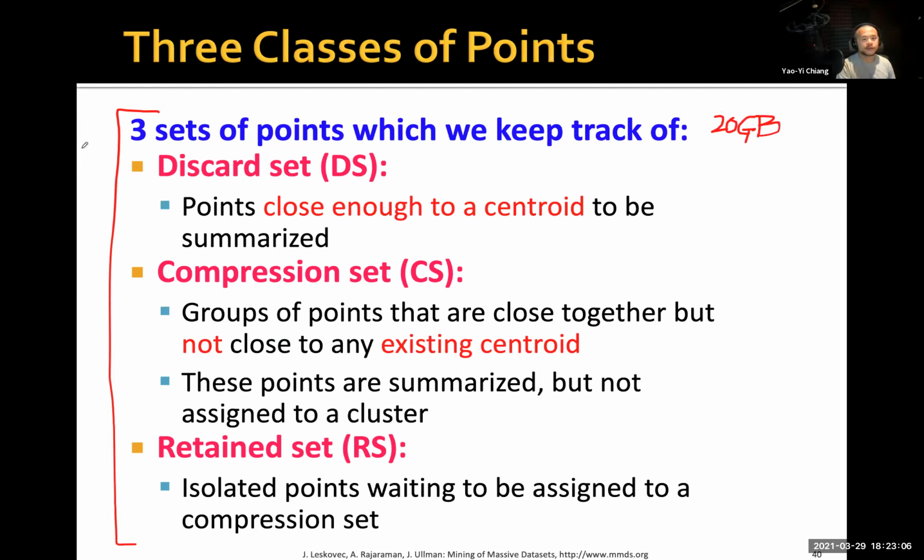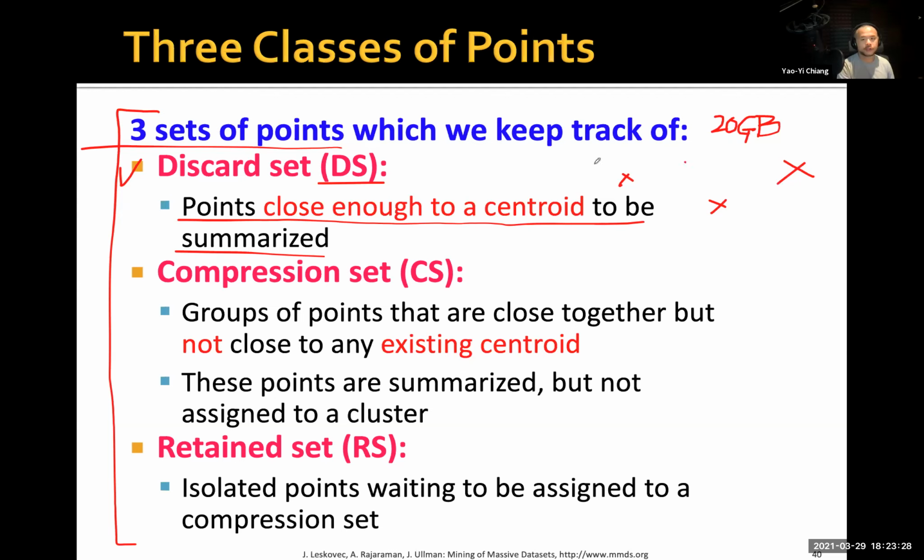So these 3 types of points are, the first one is the discard set. This is called DS. So DS are the points that are close enough to a centroid so that we can summarize them.